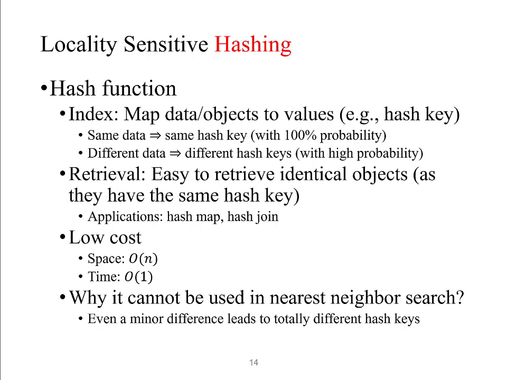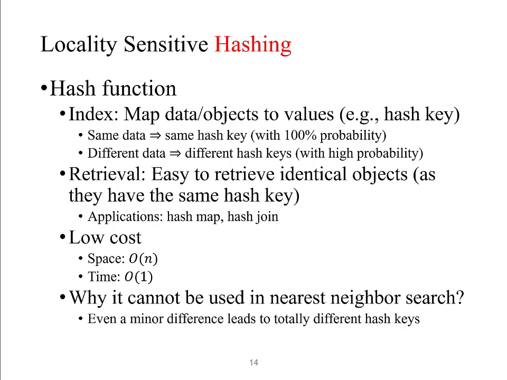Well, we all know how a hash function or hash works, or at least you must have used a hash map before, right? So basically, hashing is a two-phase procedure. We have an index and retrieval.